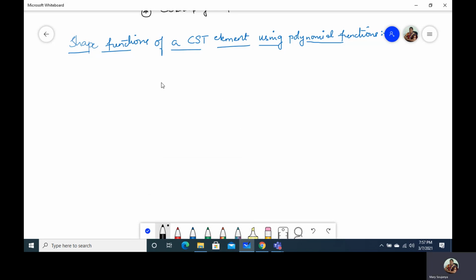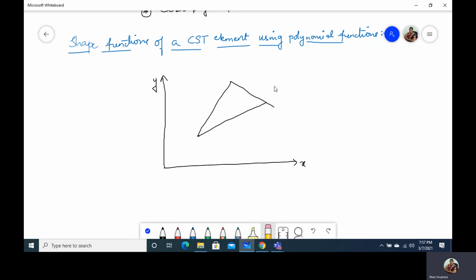Okay, so let's draw that. A three-noded triangular element.